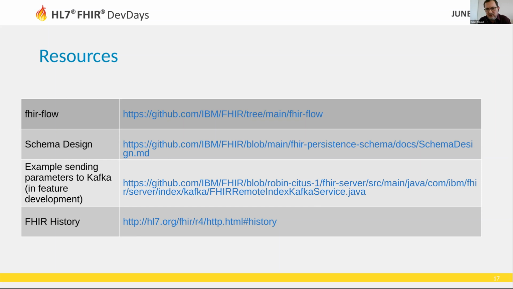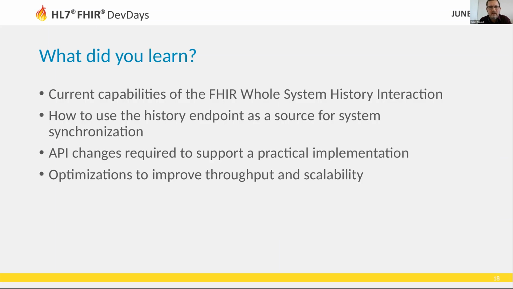It's not part of our mainline branch at the moment, but there's a class there, the FHIR Remote Index Kafka Service, for any of you who are interested in how you can send out to Kafka with an asynchronous pattern, so not waiting for the response immediately. There's an example there that may prove useful, and of course the FHIR history link there as well, and some useful discussion about the endpoint in the spec.